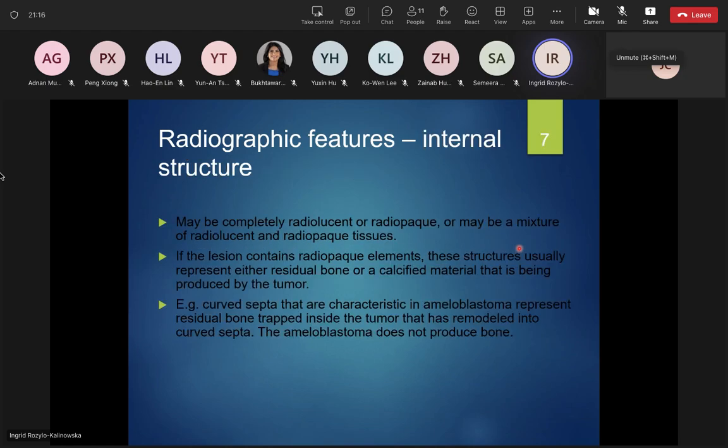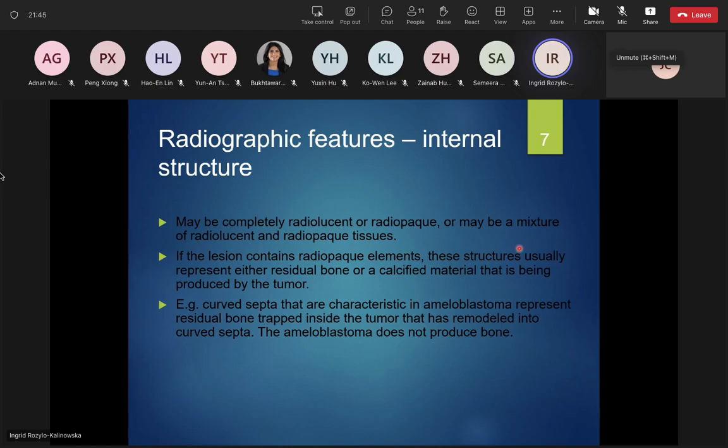They can be completely radiopaque, like for example osteoma, and they may be a mixture of radiopaque and radiolucent tissues. So the radiopaque elements inside a tumor can represent both residual bone or calcified material produced by the tumor.